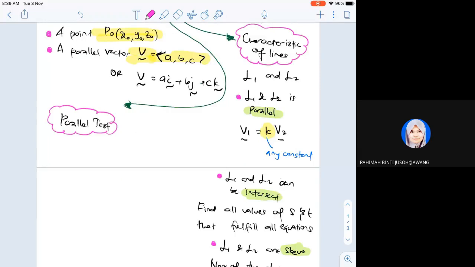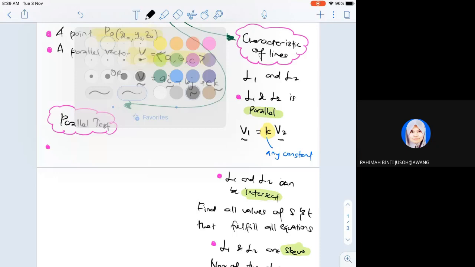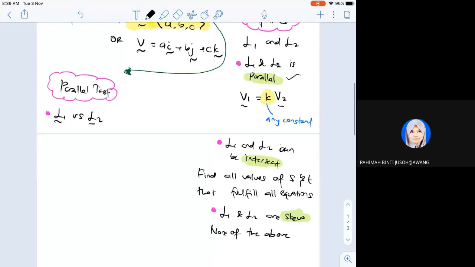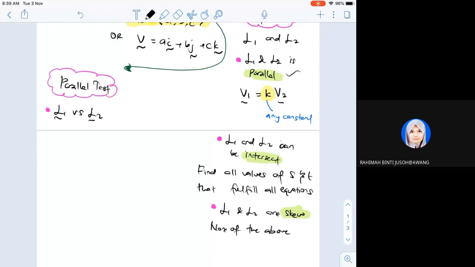We have three conditions or three situations. Number one, parallel test can be, let's say for line 1 versus line 2, just the same like the previous note, this one. In order to test whether the first line and the second line are parallel, the formula is this one, V1 equals KV2.